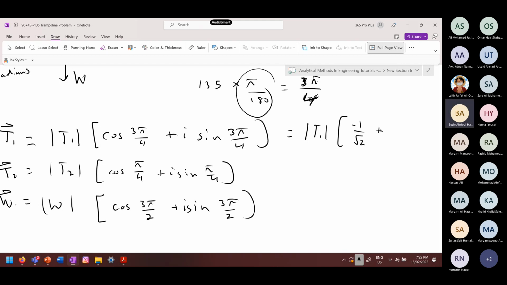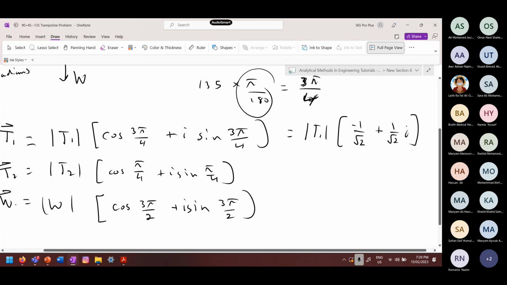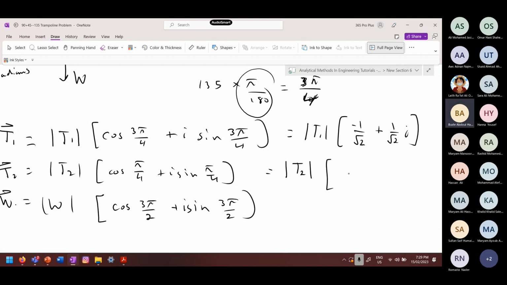Sine 3 pi over 2 is just 1 over 2 i. Okay, that's for the sine term. As for T2, pi over 4 is going to be 1 over square root of 2 plus sine, which is also the same thing, 1 over square root of 2 i.